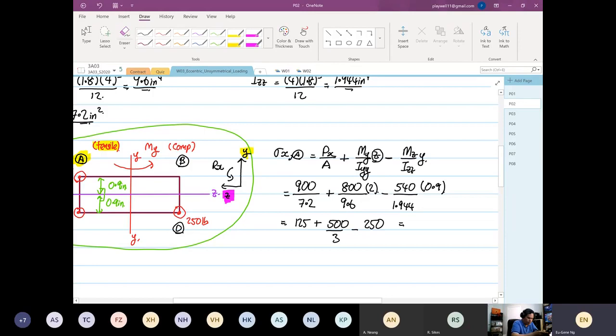So this will be equal to positive 41.667 psi.